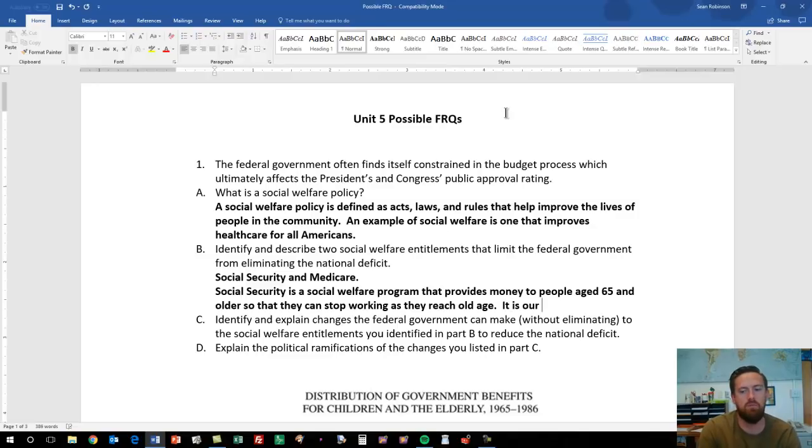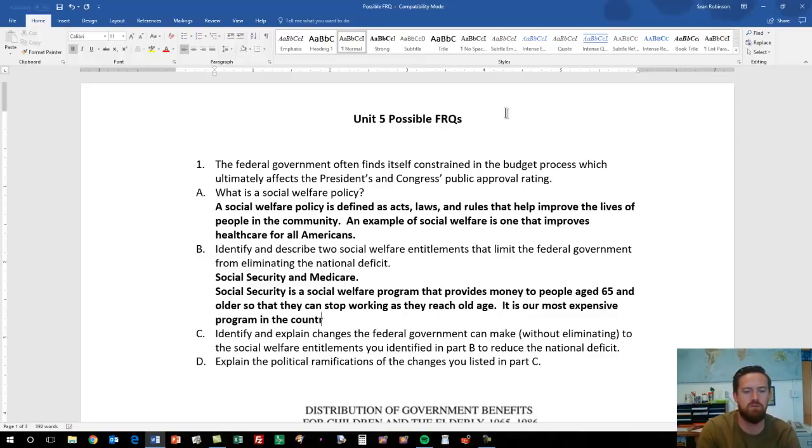It is our most expensive program in the country, and money allocated and spent is non-discretionary.